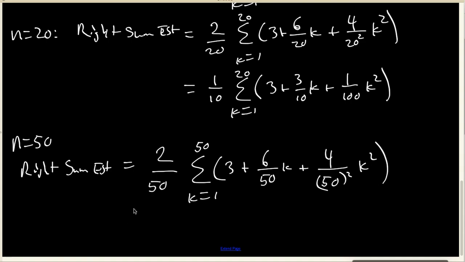And at this point, I don't think I really want to deal with the arithmetic, but you could deal with the arithmetic if you wanted to. That's how you're going to be doing problems that ask you to find the summations for right-hand Riemann sums.